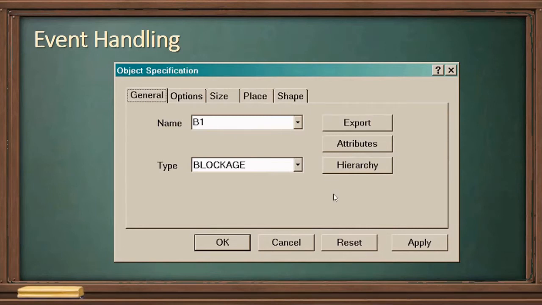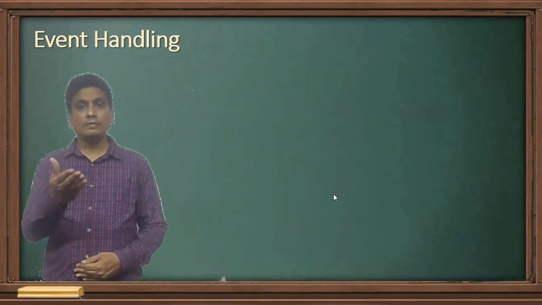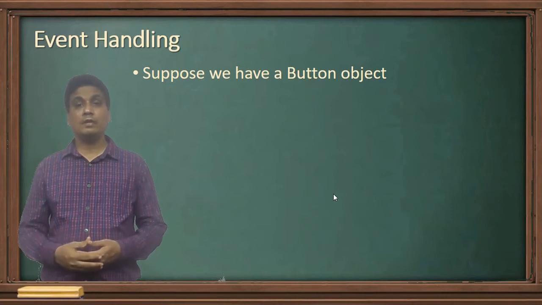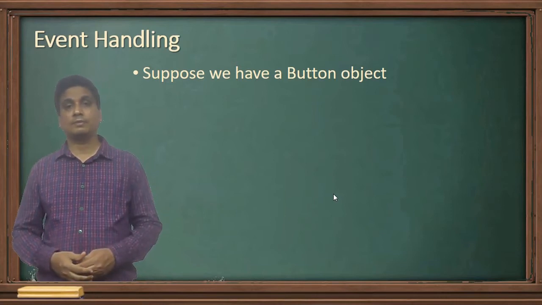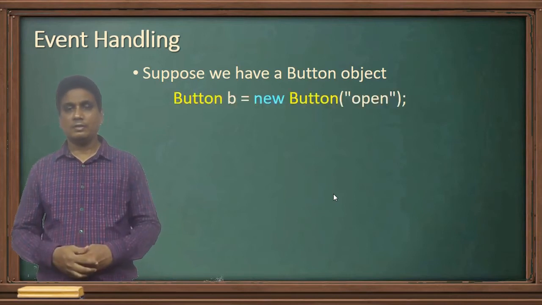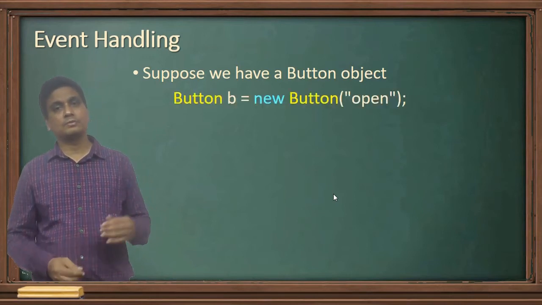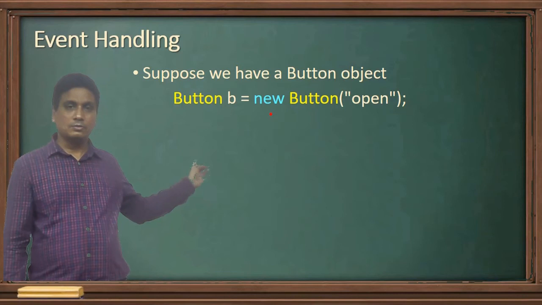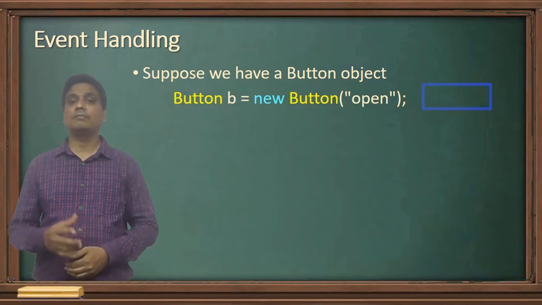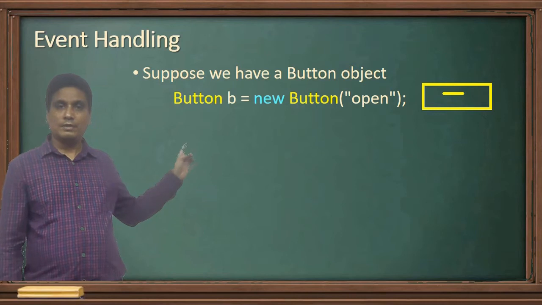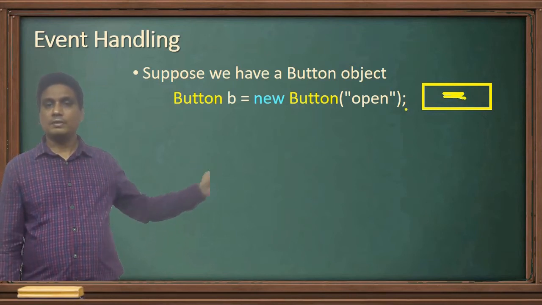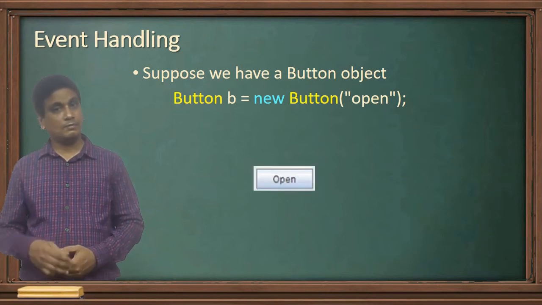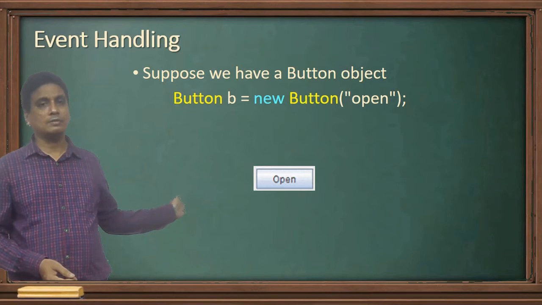Now let's see how we handle the event if a user clicks on a button. We know that in order to create a button in Java, we have to get an instance of that button. So this code simply creates a button with the text inside it. When you run the program, it may look like this.